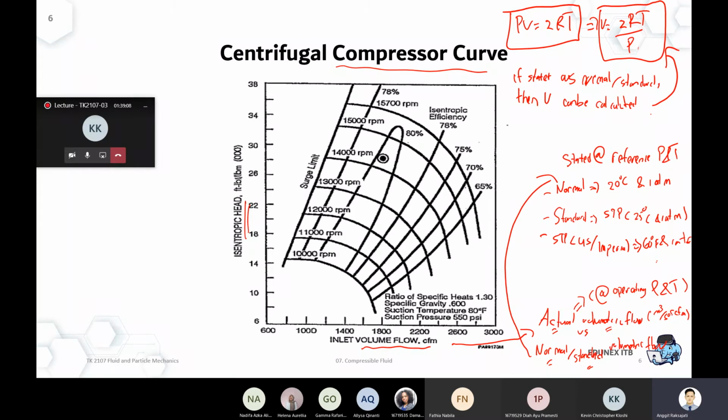But it's gonna be very different if you express in actual volumetric flow rate. Why? Just imagine you have gas at 20 ATM and 200 degrees C. Okay, it's a hot pressurized gas.